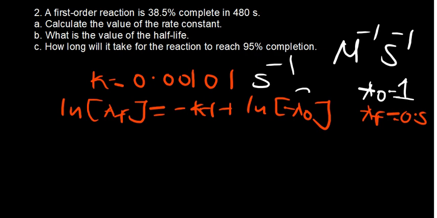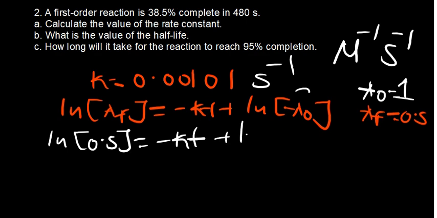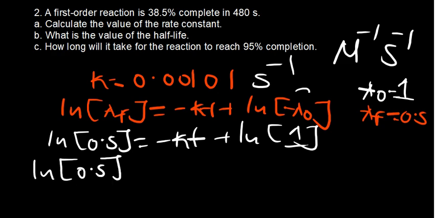So if you substitute in the equation, your final is 0.5, minus kt plus natural log of 1. Remember, from our logarithms we are told that whenever you have a subtraction, we can have subtraction of the natural log of 0.5 minus the natural log of 1 being equal to minus kt.